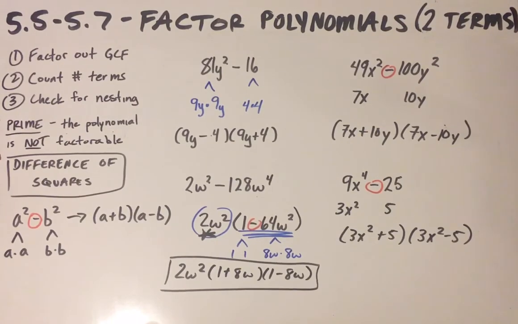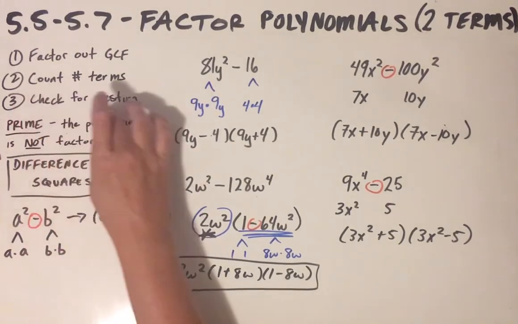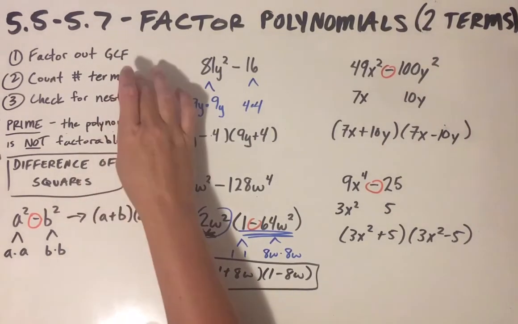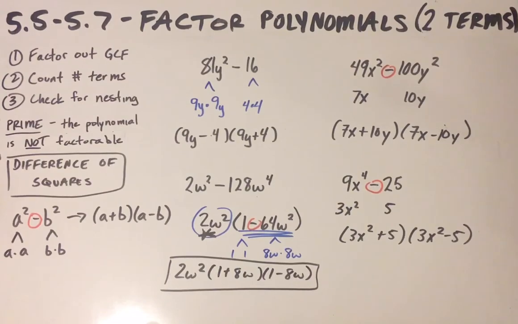Okay, so we haven't gotten to this point where, like I said, we're going to check for nesting, but we have now gone through every possibility that you might see on the exam, counting the number of terms and then going through each concept or method for factoring those.